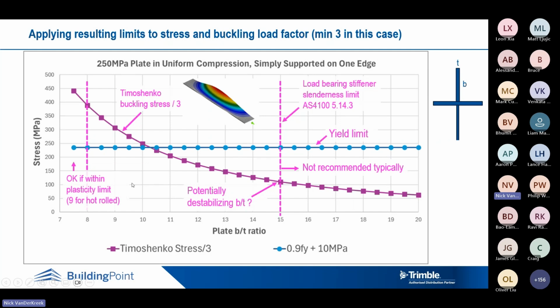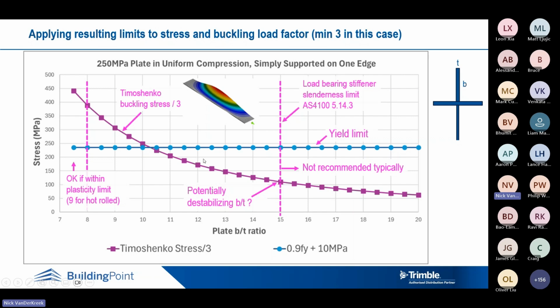And so if we're working with an outstand or a stiffener, something like this, we would need to be below the horizontal blue line and also below the Timoshenko stress divided by 3. But we're not quite doing it like that in the software. We're analysing the entire connection and doing a buckling analysis of the entire connection.